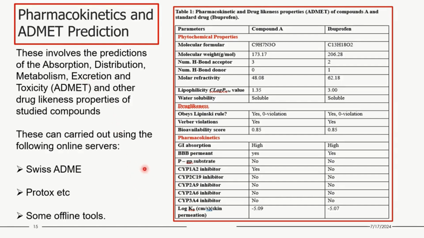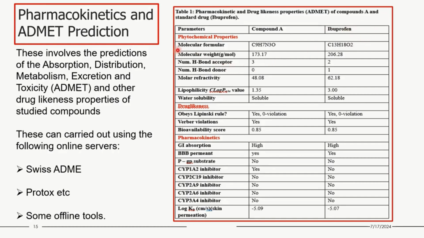So you need to investigate that and be able to say, oh wow, this has good binding affinity, good binding pose, and also good drug likeness properties and all that. As you can see in the table on my right, this is an example of a study I did not long ago, where a particular compound, which I titled compound A, from a particular plant is investigated against a standard drug, ibuprofen.